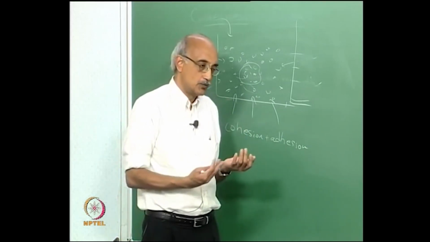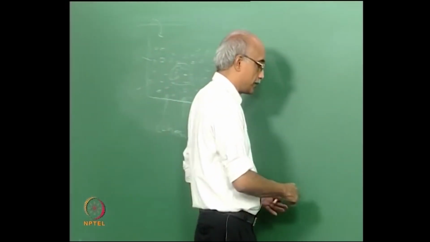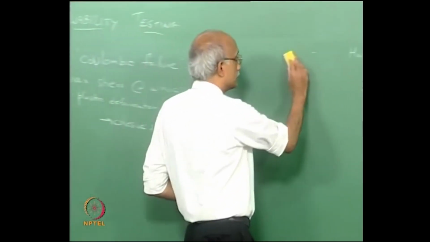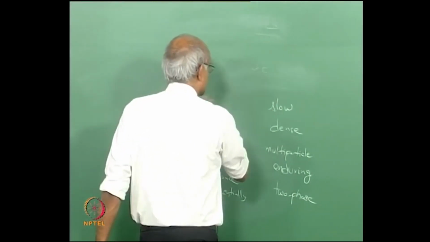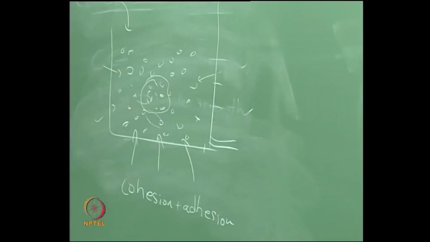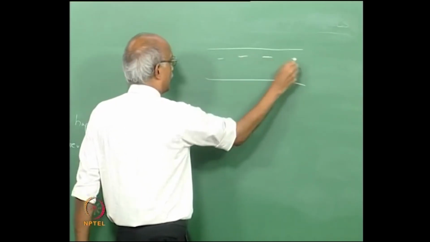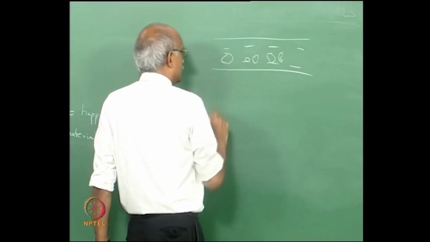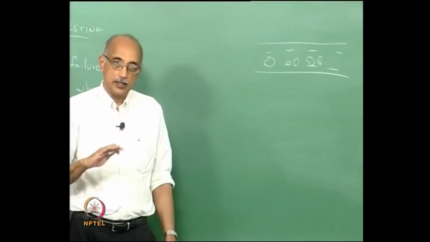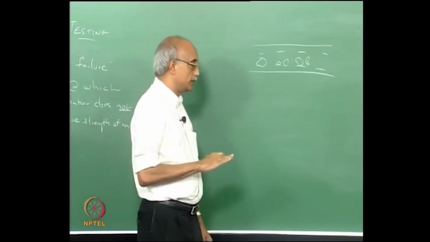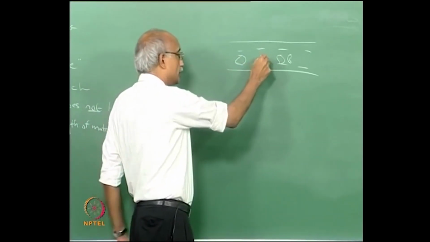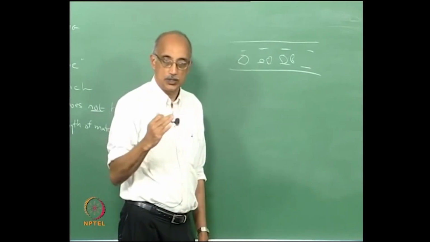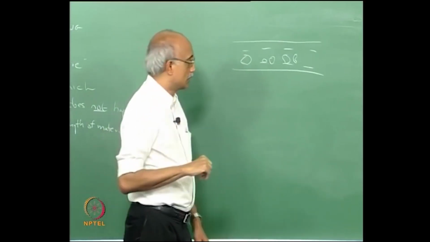For example, flow of material in a pipe. So, when you have pipe flow of a liquid with suspended particles in it, again both cohesion and adhesion mechanisms come into play depending on whether the particles are in the bulk of the fluid or whether they are adjacent to the surface that contains the flow.